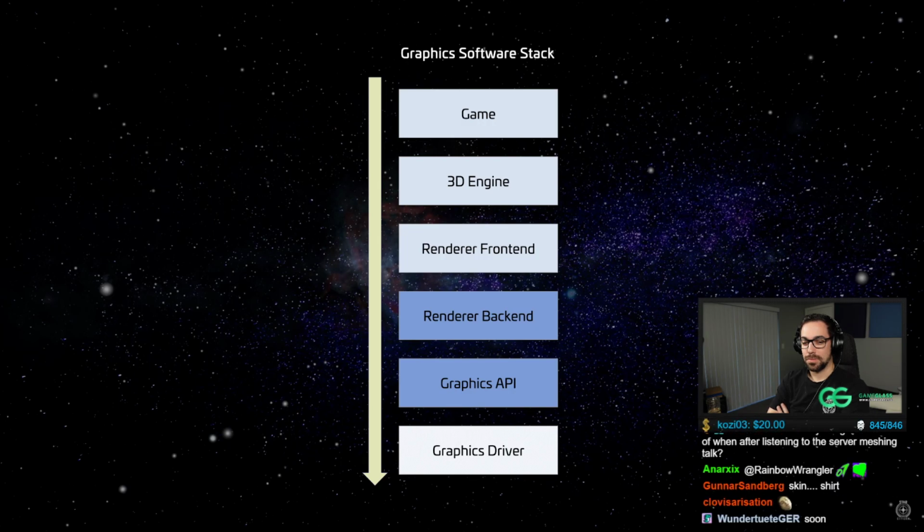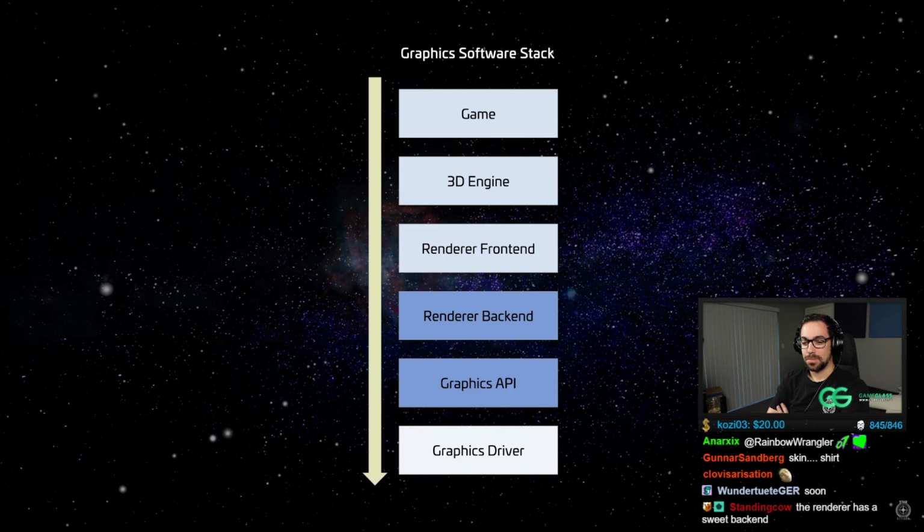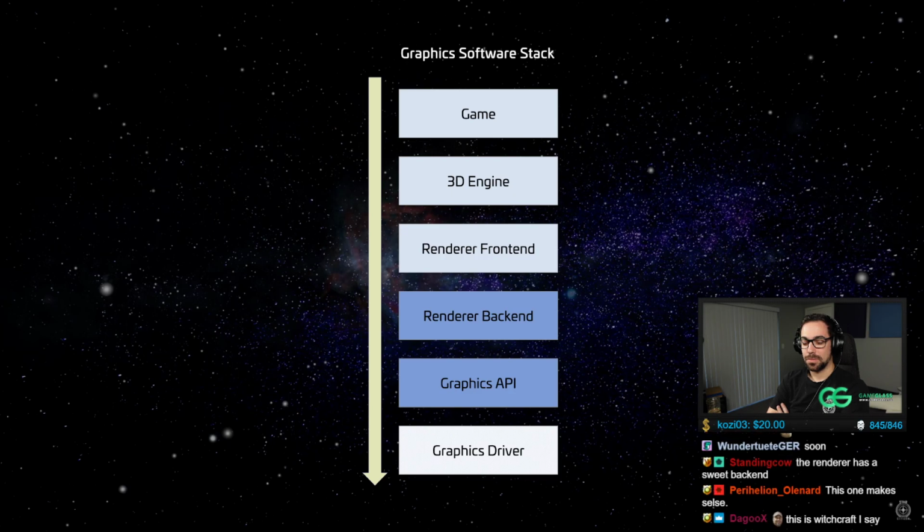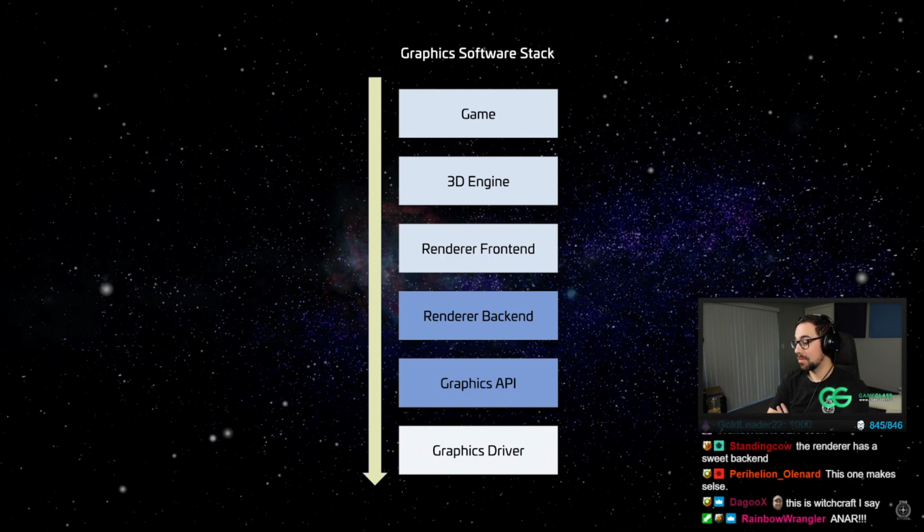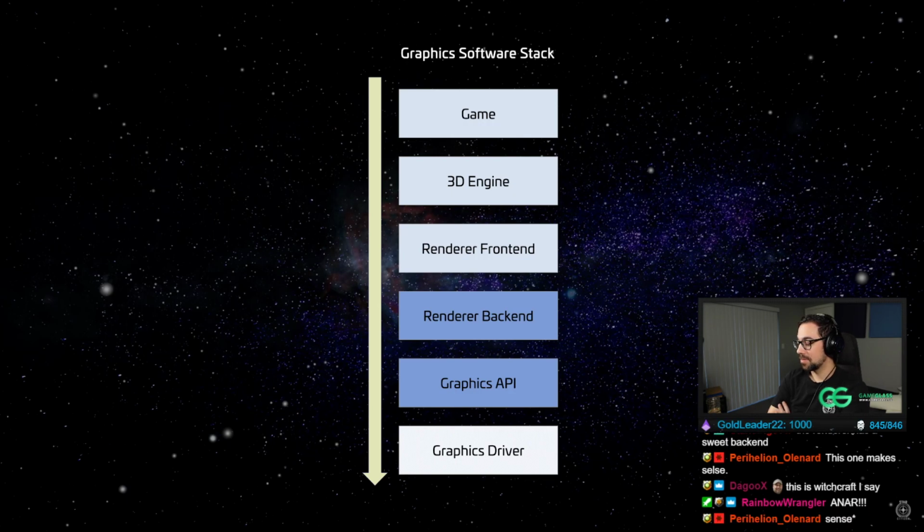It also gives us flexibility for cross-platform, including Windows and Linux, and anything we may want to look at in the future. The graphics driver stage is not managed by us, but we look at that and we gather information and process any crashes or any issues that might happen, and then we can deal with those further down the line.